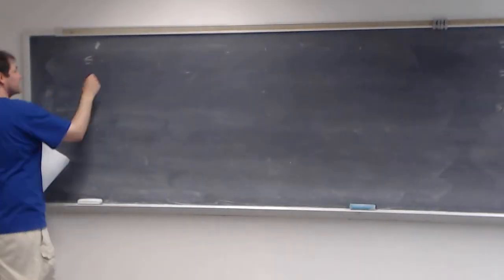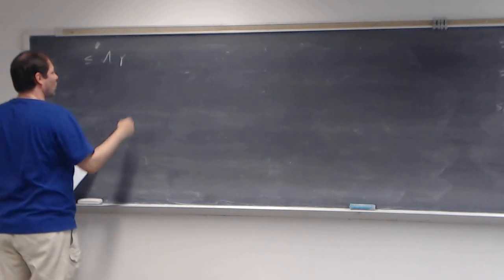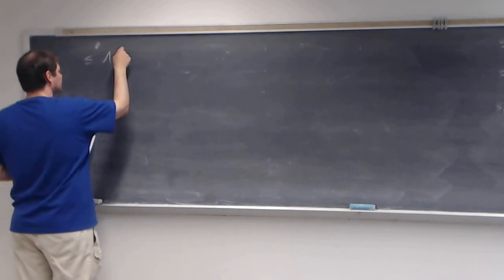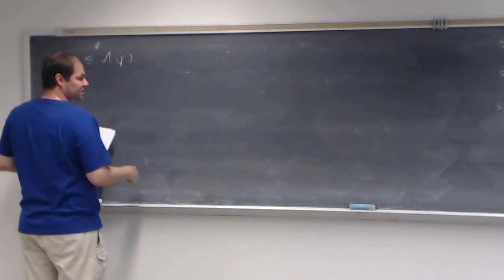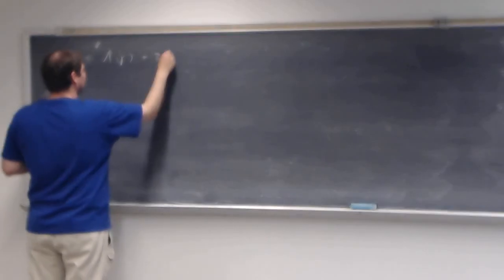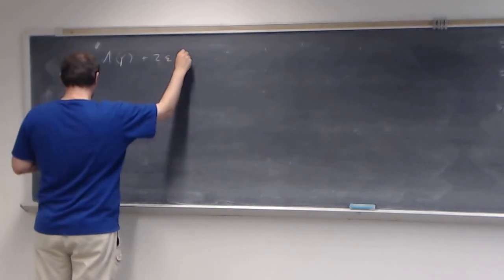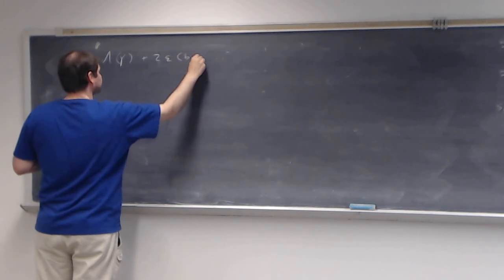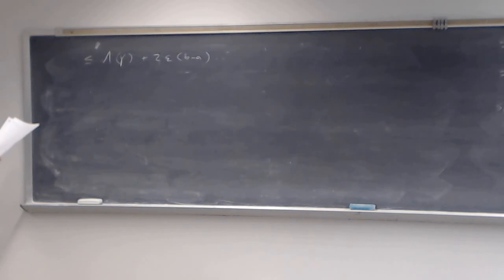So from the previous line, because to get the lambda gamma, you take the sup of all such partitions. So this lambda gamma is going to be bigger than this lambda of p gamma, plus 2 times epsilon times b minus a.